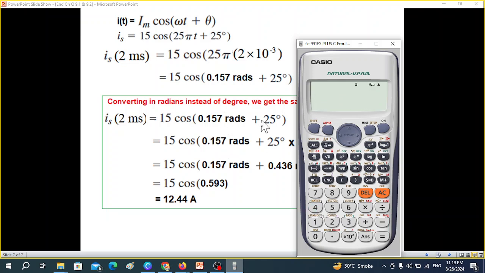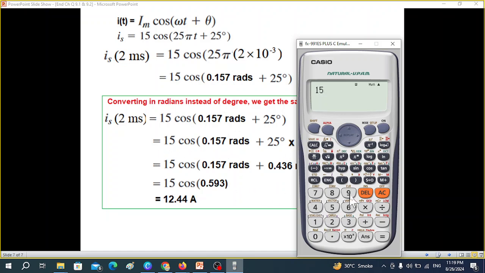So what we need to do is convert this. Let's write the whole equation. This is just simple mathematics. Up here, you have to convert it into radians.